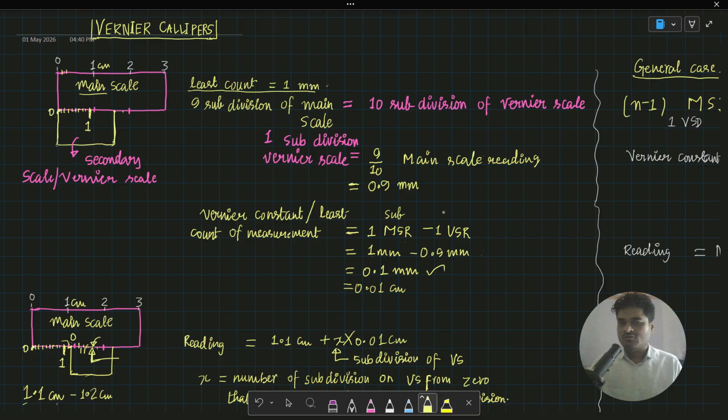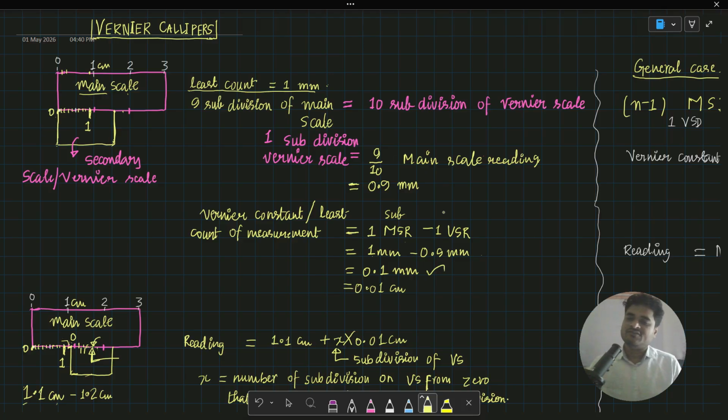So what do we do? We take 9 subdivisions of main scale and use a secondary scale or Vernier scale. It is called Vernier scale because this method was devised by Vernier.